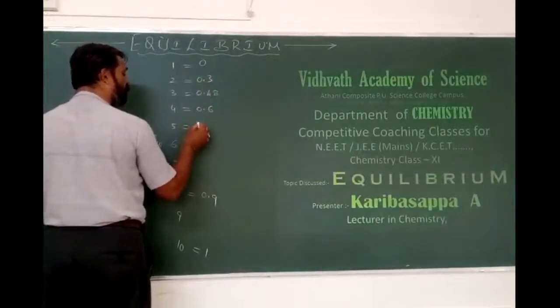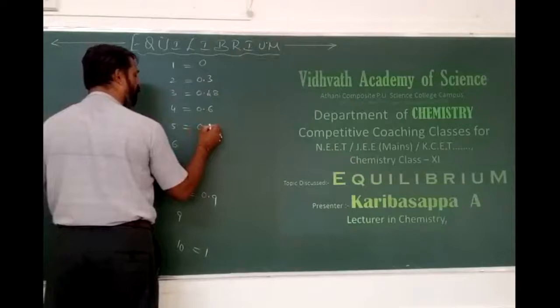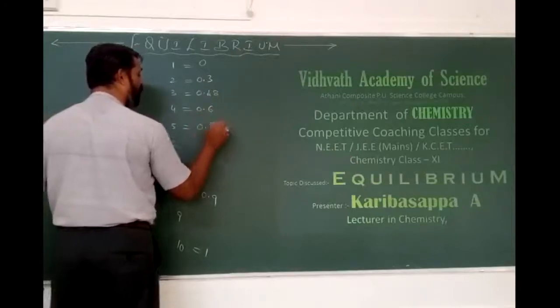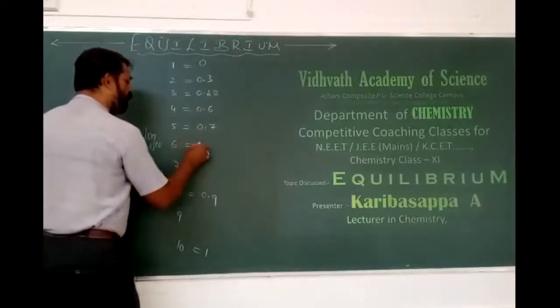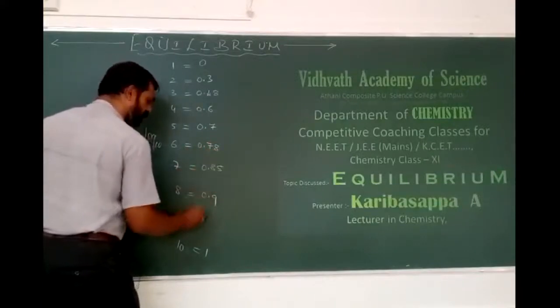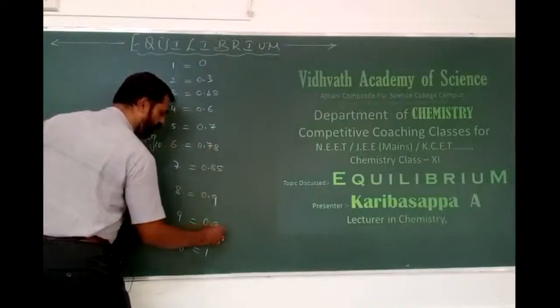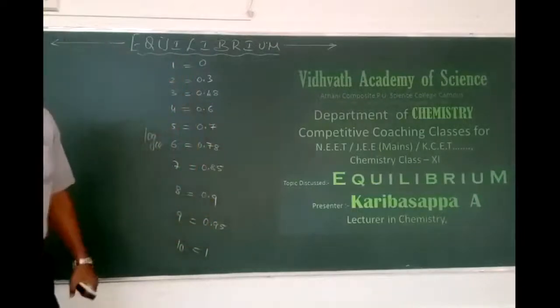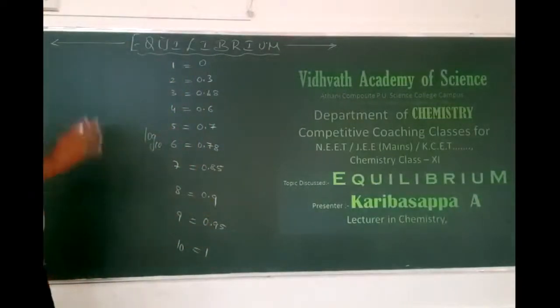Log 5 is 0.6991, nearly equal to 0.7. Then it is going to be 0.78, 0.85 and 0.95. This is how we remember the values of log.